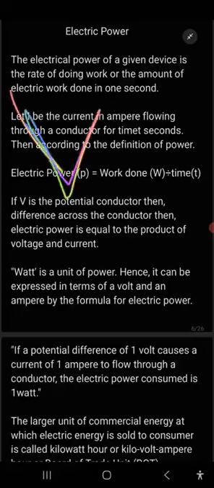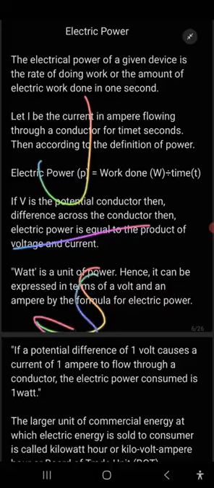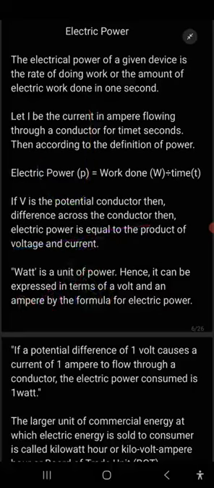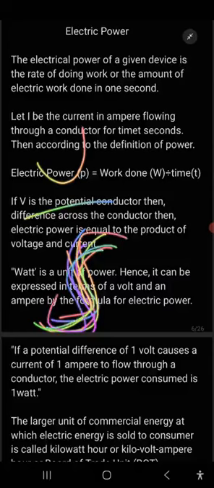We can say that VI is equal to joule by second. I just invented that. Oh no, I didn't, I just remember. Joule by second is what?